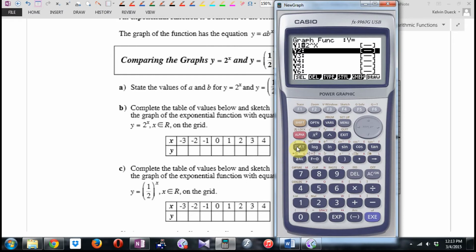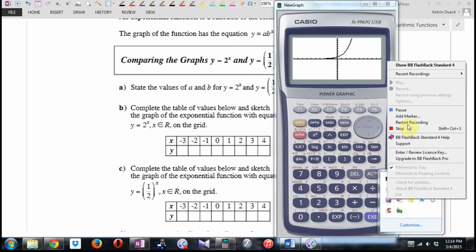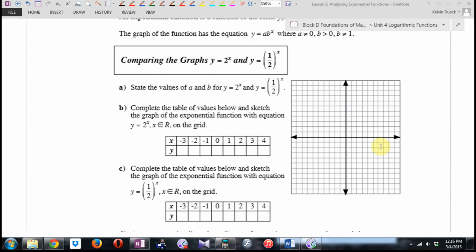What's this look like? How do I draw it? F6, draw. This is an exponential graph. Now, if yours didn't give you that, now is the time to raise your hand and ask, because you absolutely need to know. So, first of all, it says, state the values for A and B for this.